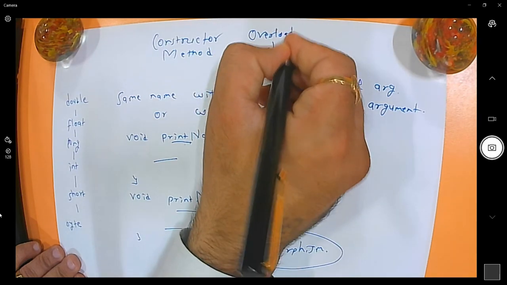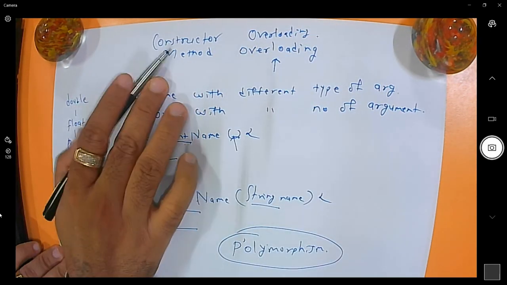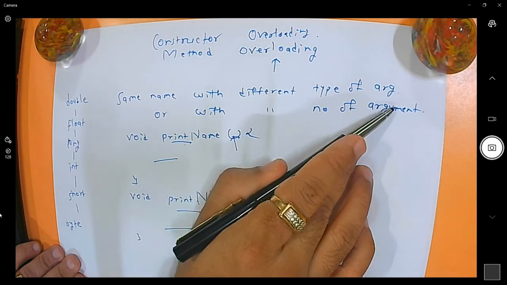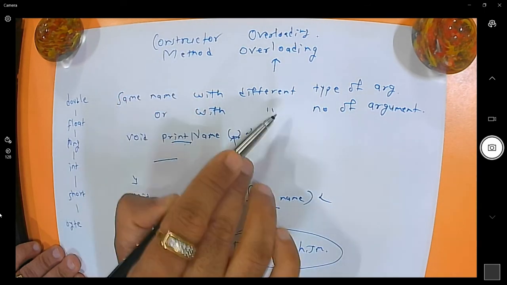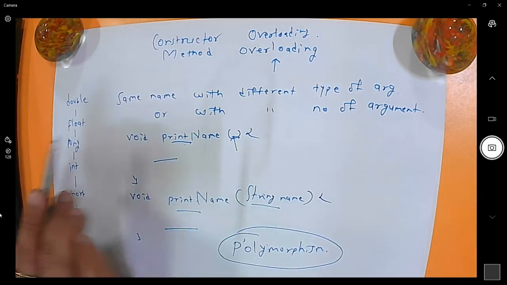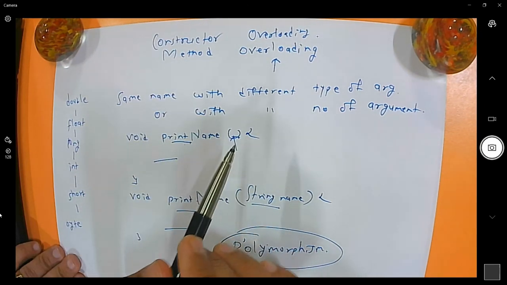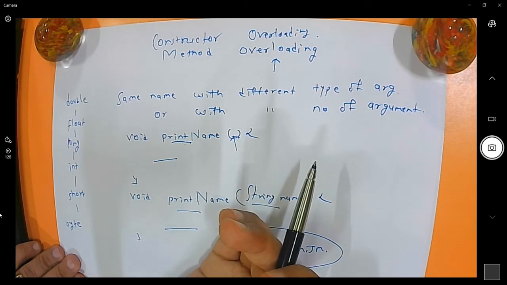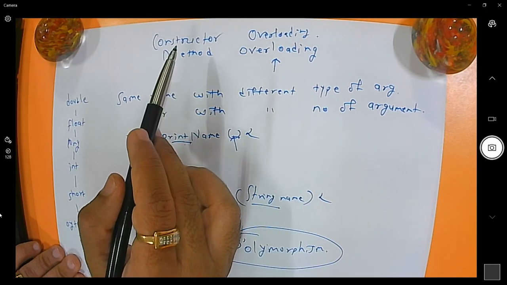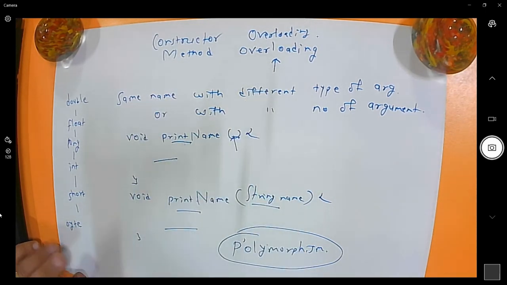And that is: the same name of the constructor with a different type of argument, the same name with a different number of arguments, or, if it is the same number of arguments, then by changing the sequence of the data types, it is also known as constructor overloading.